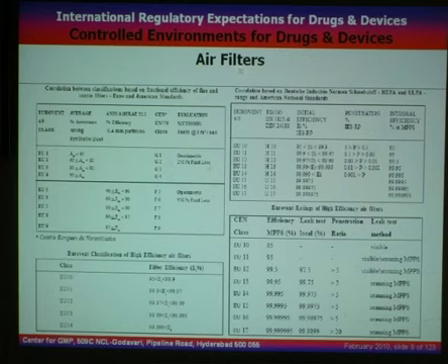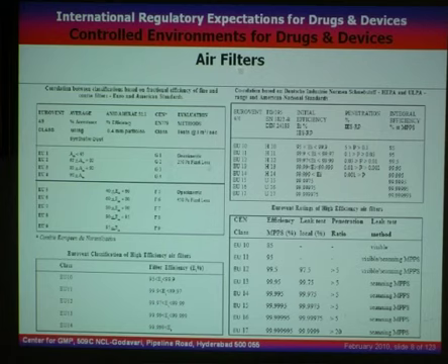EU5 to EU9 are referred to as F5 to F9. The G filters are gravimetric, the F filters are opacimetric. That's the test method. EU10 to EU14 refer to the better HEPA filters, and EU15 to EU17 refer to the ULPA filters.